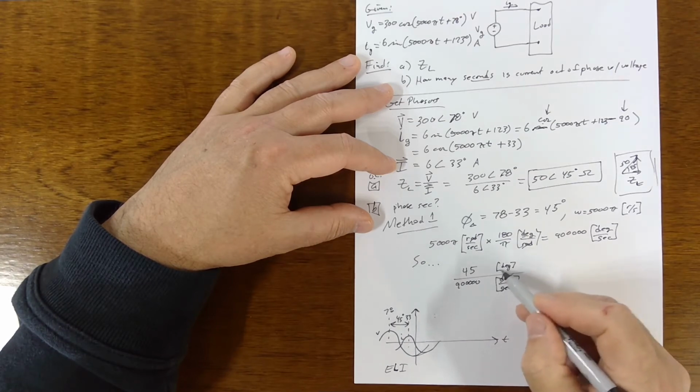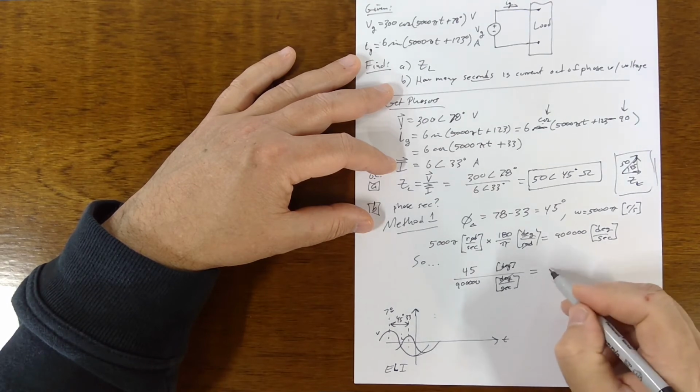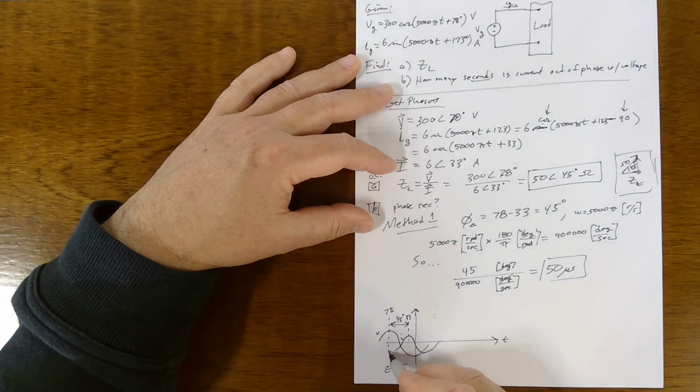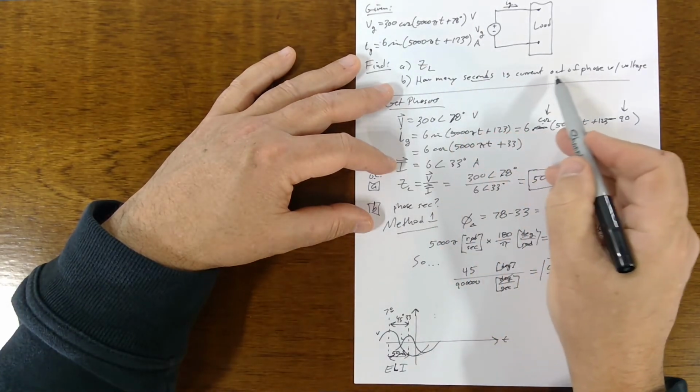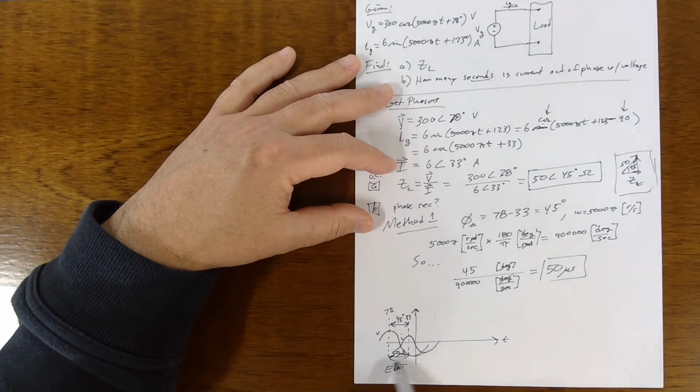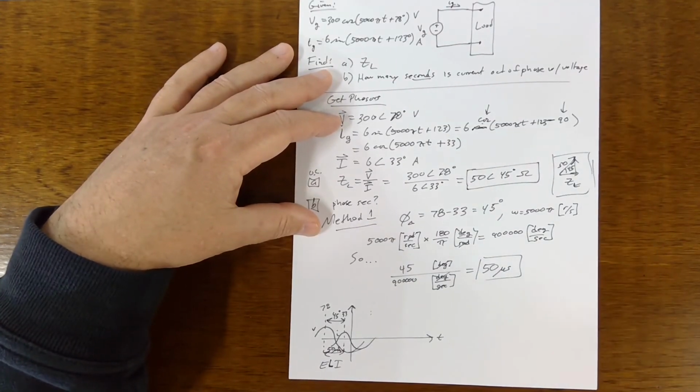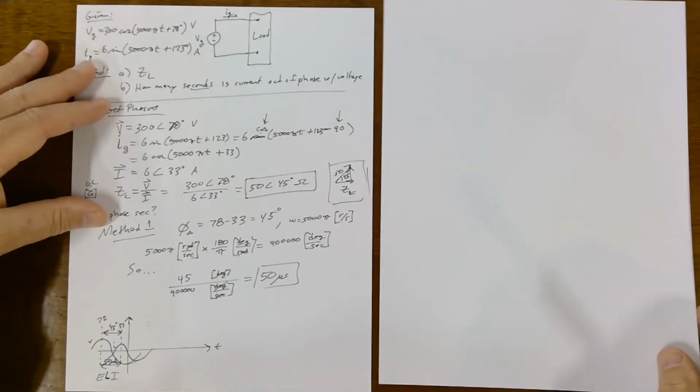The degrees will cancel and seconds will come up to the top, and you end up with 50 microseconds. So this time interval here is also 50 microseconds. How many seconds is the current out of phase with the voltage? It's out of phase by 50 microseconds. So that's one way to do the time in seconds.